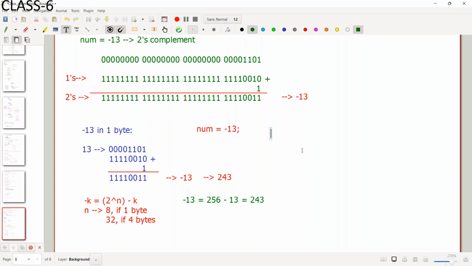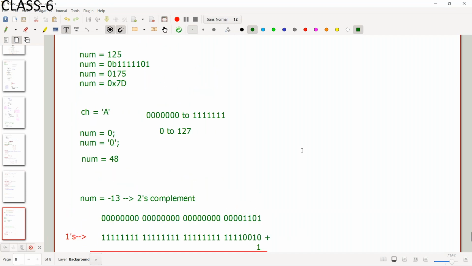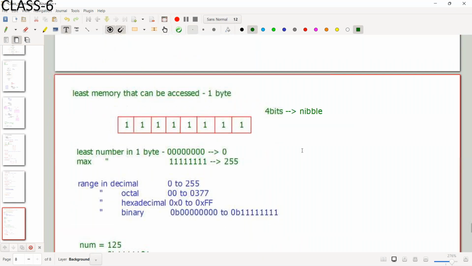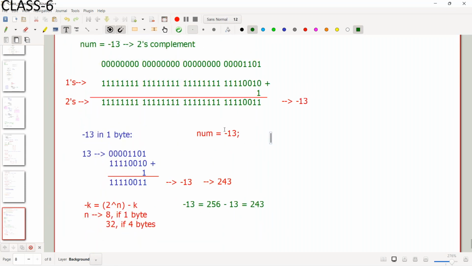Is this much clear for everyone? Today's class, is there any doubt? Negative 13 is a value. Yeah, negative 13 is the integer negative 13.